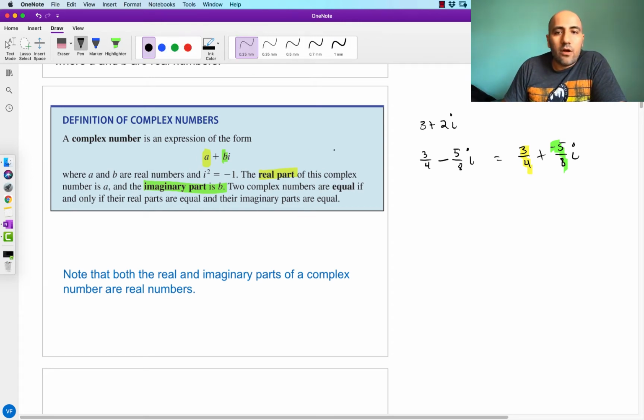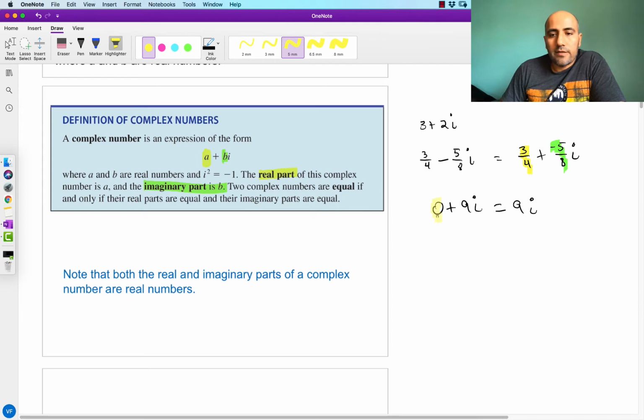Keep in mind that we can also have a 0 for one of these. So for example, we could have 0 plus 9i, and then of course the 0 doesn't really do anything, so this just translates to 9i. Good. Okay, so if you just see 9i, then it is a complex number, and the a, the real part, is 0, and the imaginary part is the 9.